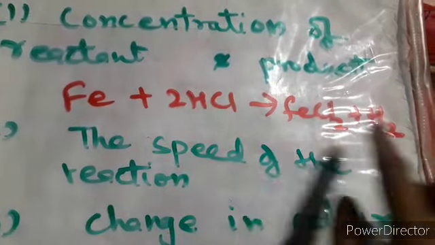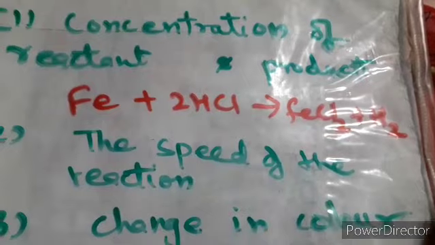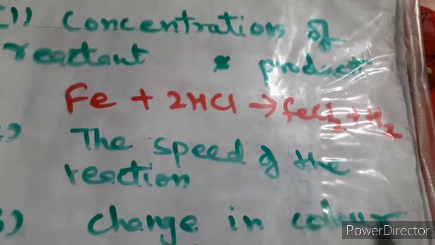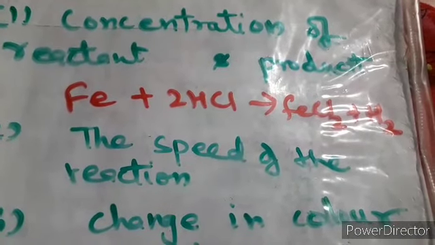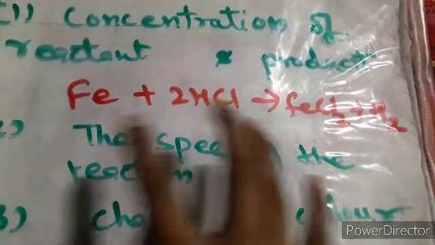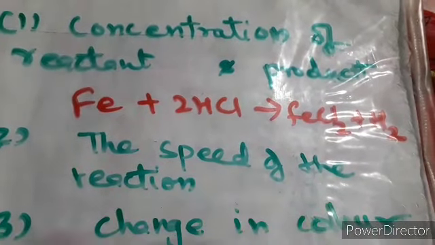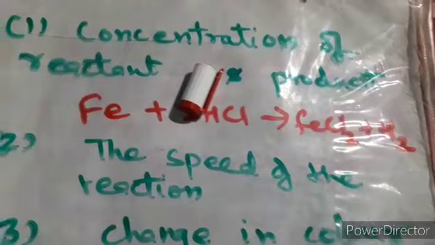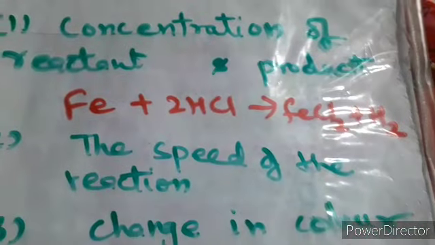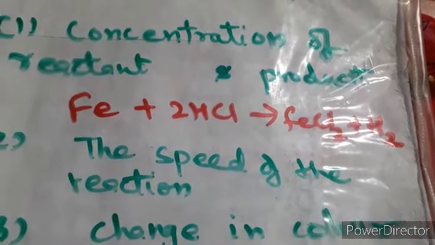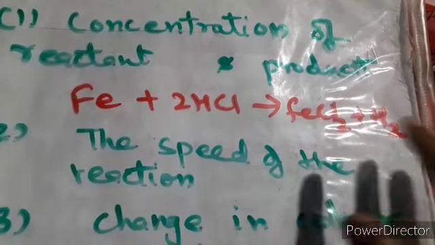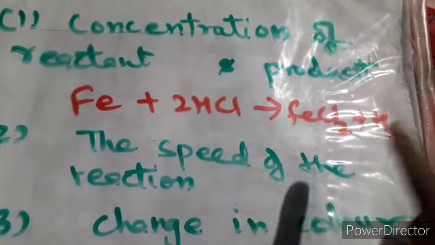So by looking at the reaction, you cannot predict that there is an evolution of light energy and sound energy. But with our previous knowledge, we have seen that hydrogen gas burns with a pop sound. So both the energies are involved in this reaction, but by looking at it, you cannot judge.